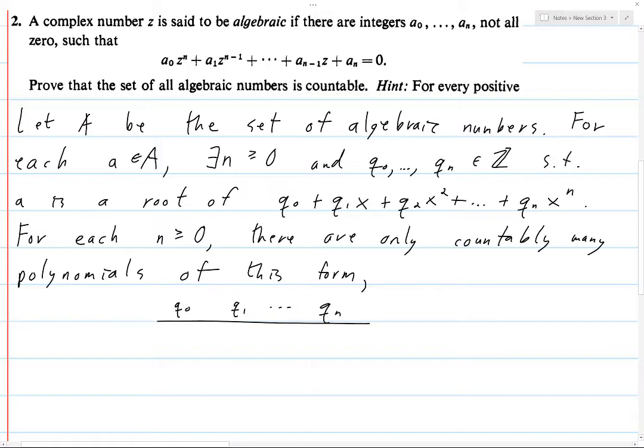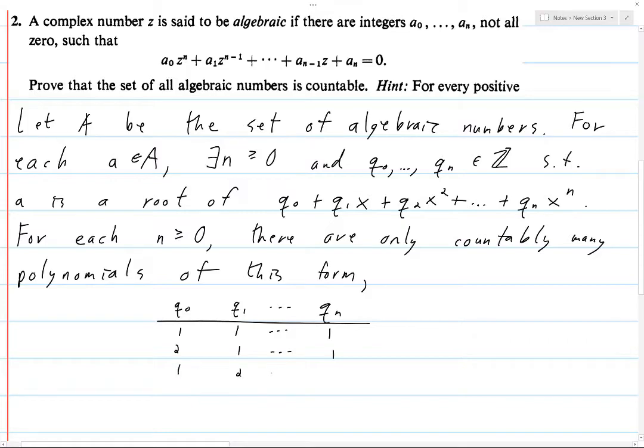And so you take the first element from each list, and you use those to get you a polynomial. And then you can take the second thing in this list and combine it with the first thing in every other list.